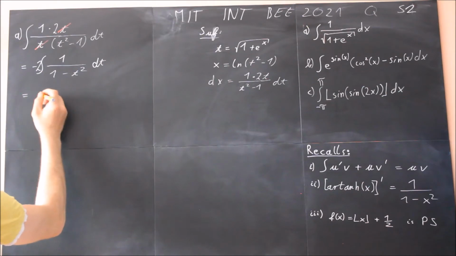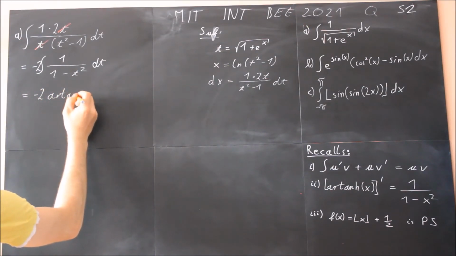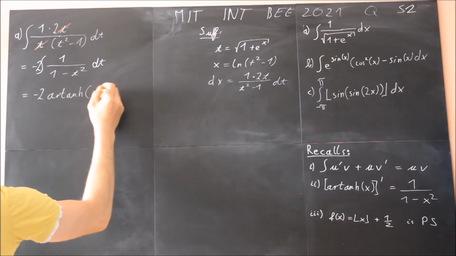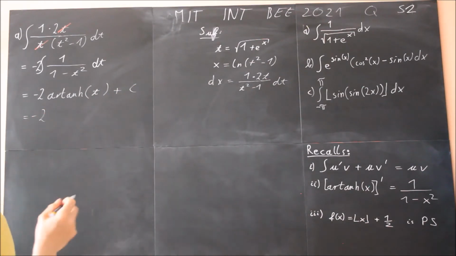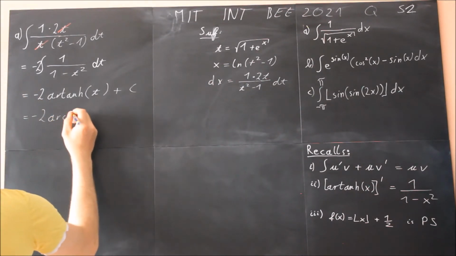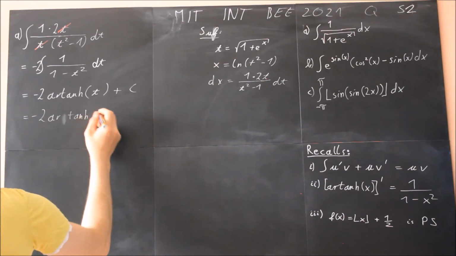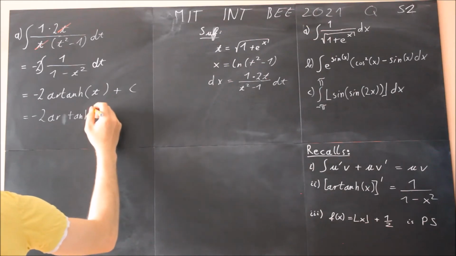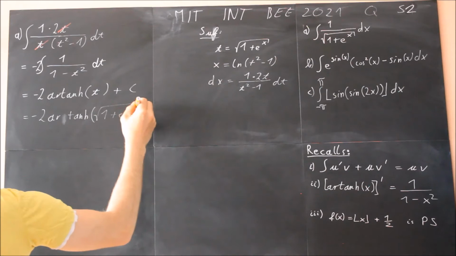So we have minus 2 times inverse hyperbolic tangent of t plus some constant, and then we put t back, which is the square root, and so we get minus 2 times inverse hyperbolic tangent of the square root of 1 plus e to the x.